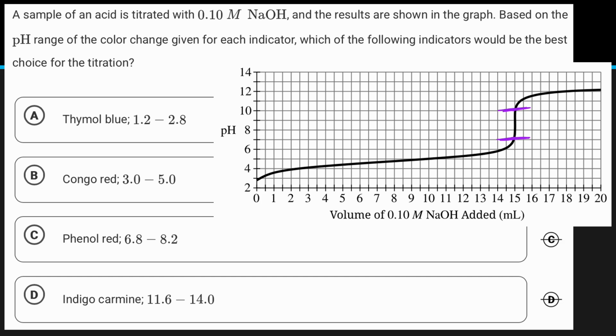So we are looking between a pH of 10 and a pH of 7. So our answer for this one would be phenol red, because it's the only one that is changing within that range of our vertical portion of our titration curve.